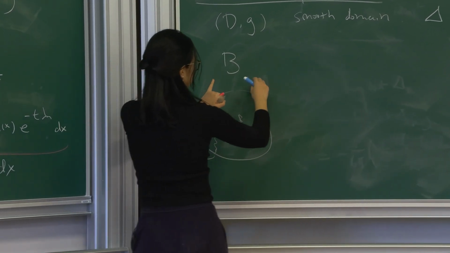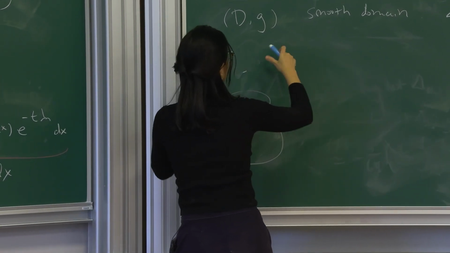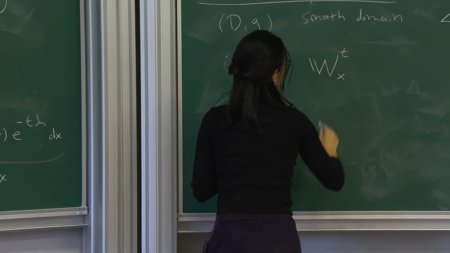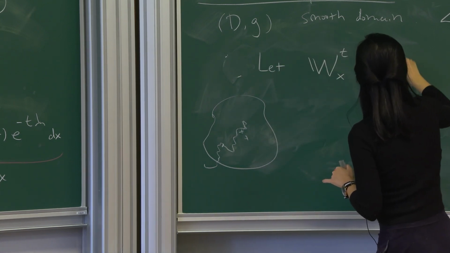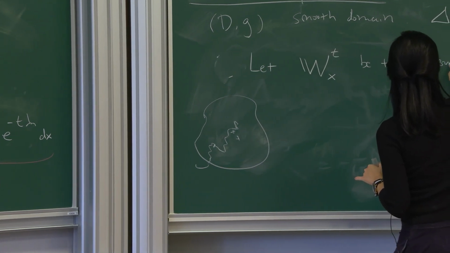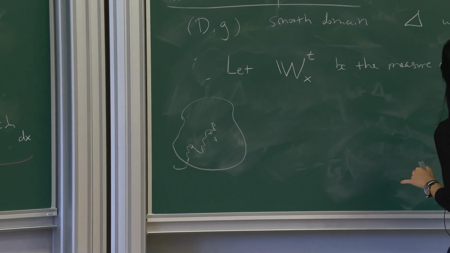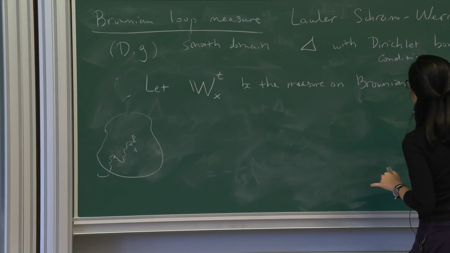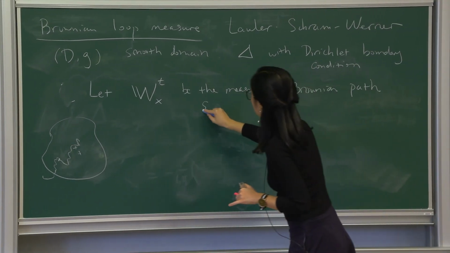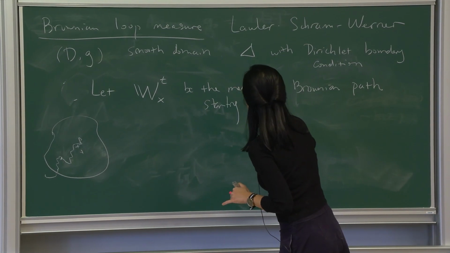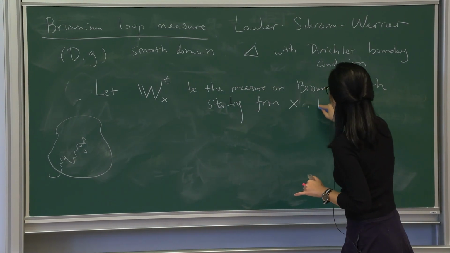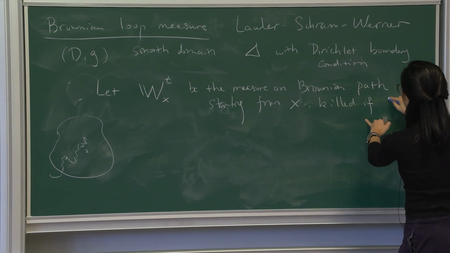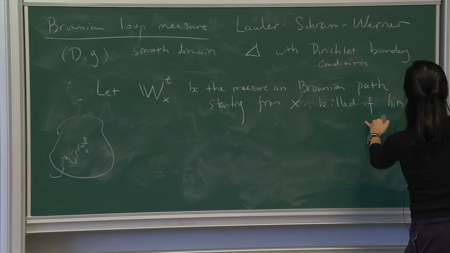Okay, let me just write the following thing. W_t^x be the measure on Brownian paths starting from x, killed if it hits the boundary of your domain.